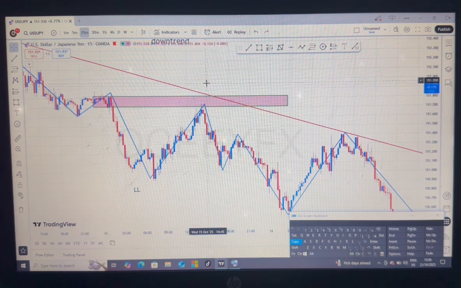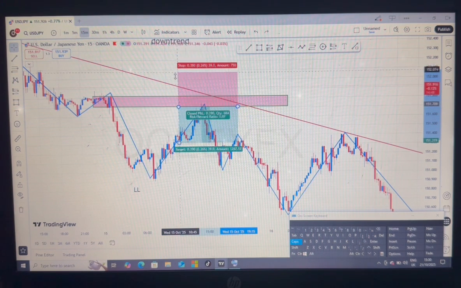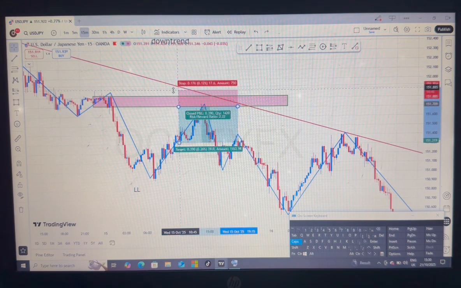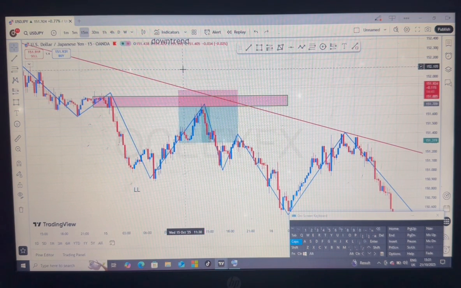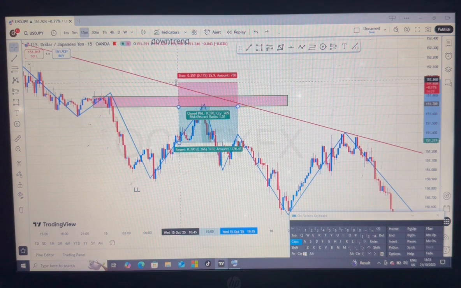So if I enter this trade now, I'll put my sell order. When we put our sell order on the uptrend, we aligned our stop loss with the previous lower low. But now we're going to align our stop loss with the previous lower high.